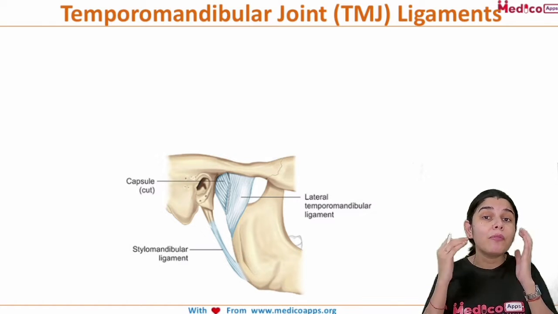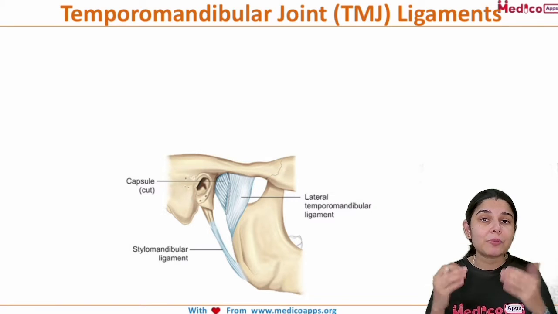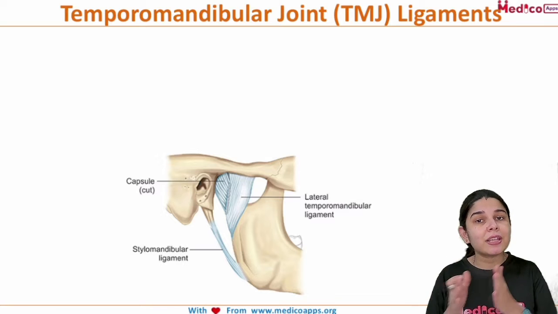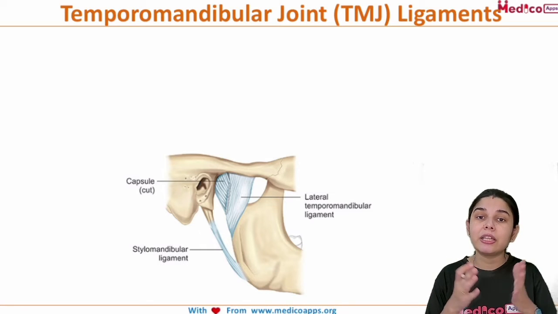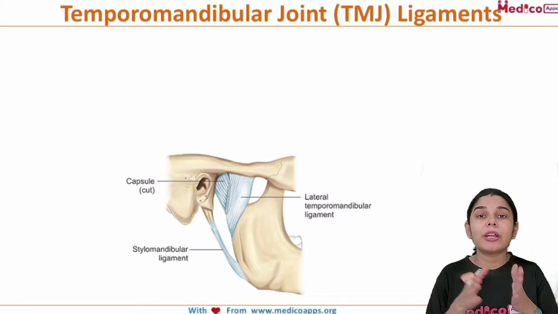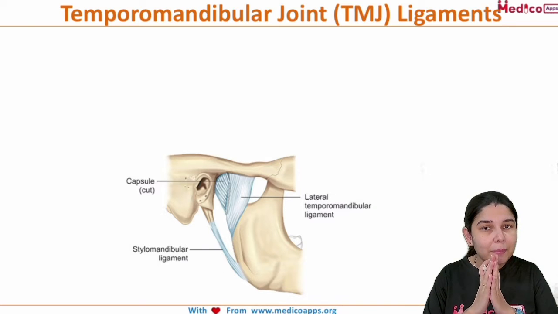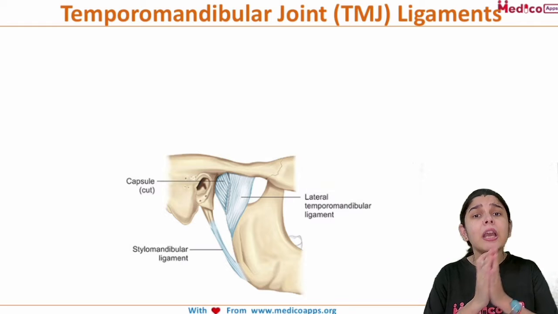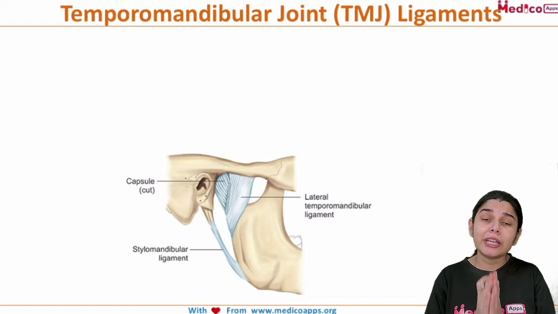It should not move ahead or displace from its position. In simple terms, the TMJ ligament is preventing the posterior displacement of the mandible and providing stability to the TMJ.